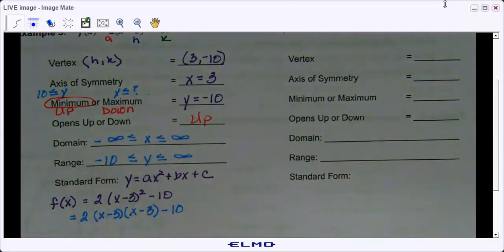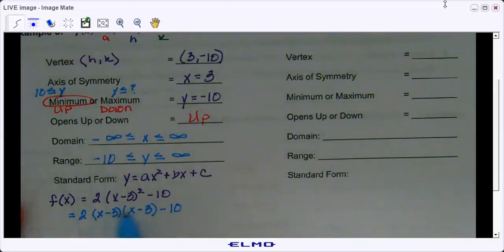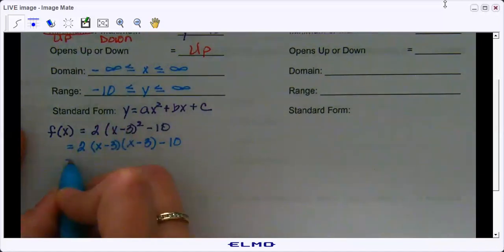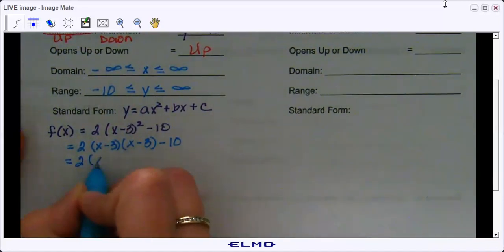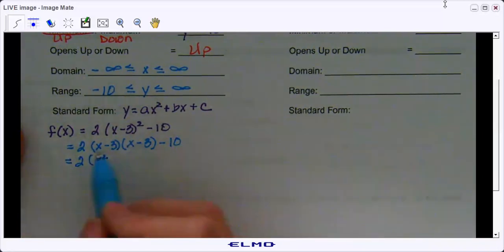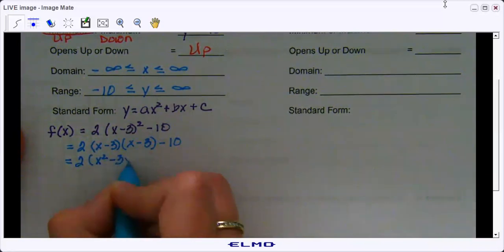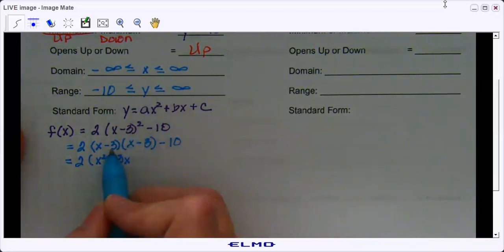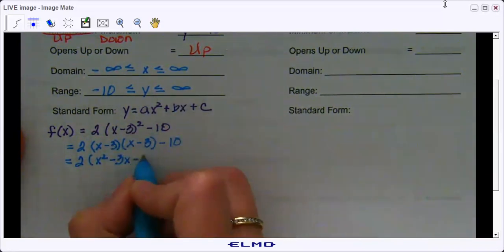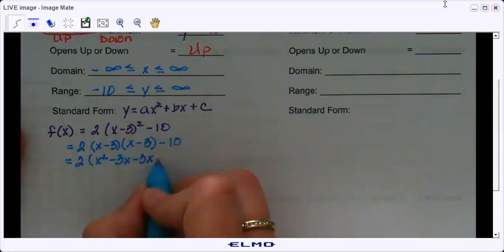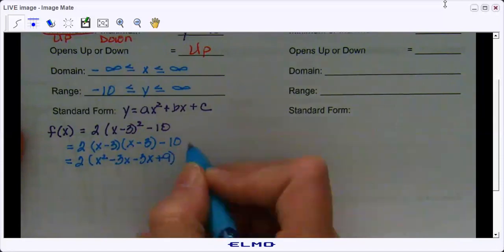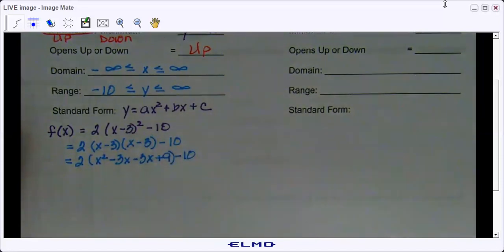The next thing you want to do is your distributing. So we're going to distribute these 2 binomials out. We end up with 2 times x, which is x squared, x times -3, which is -3x, -3 times x, which is -3x, and -3 times -3, which is +9. End your parentheses, and don't forget that -10.